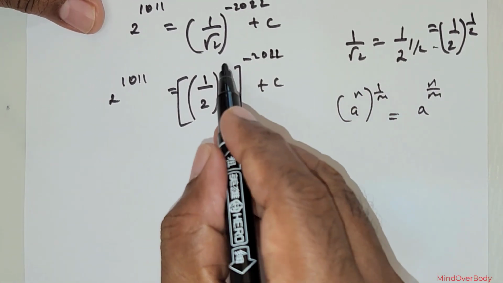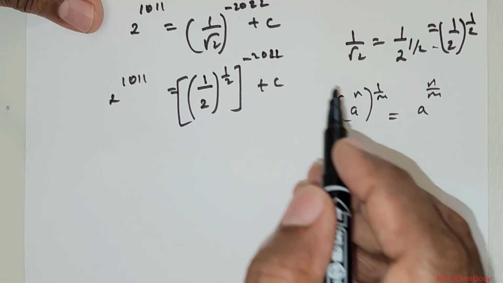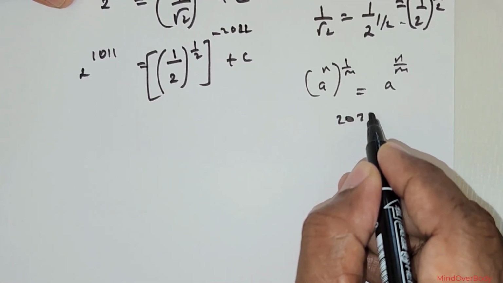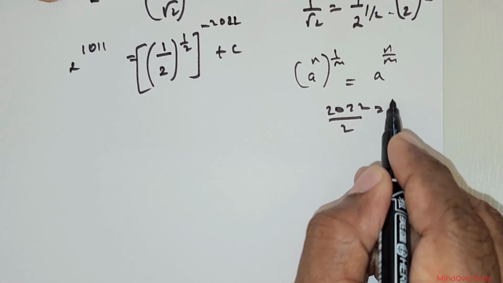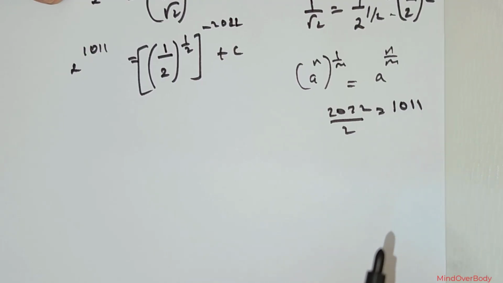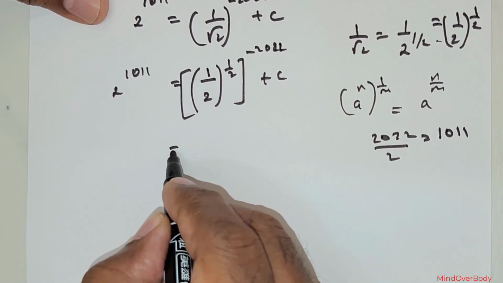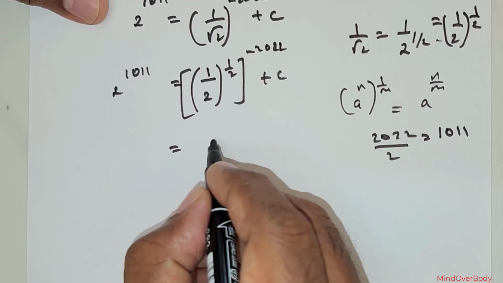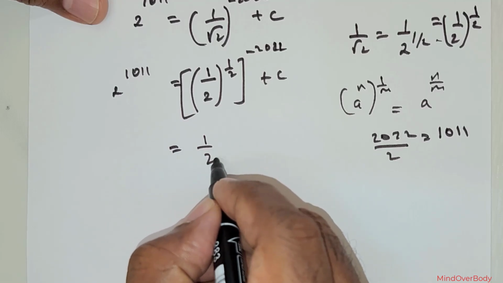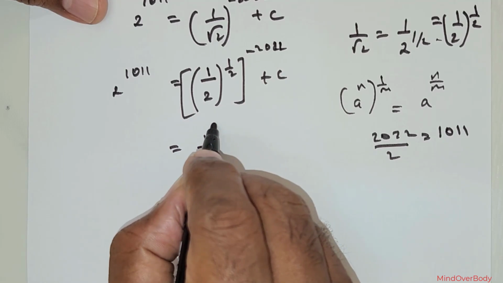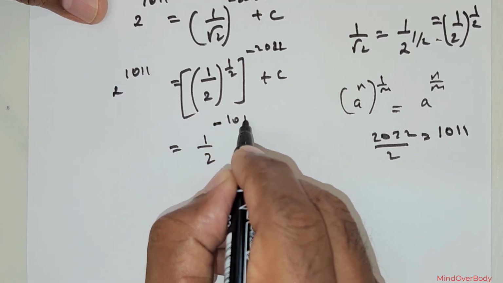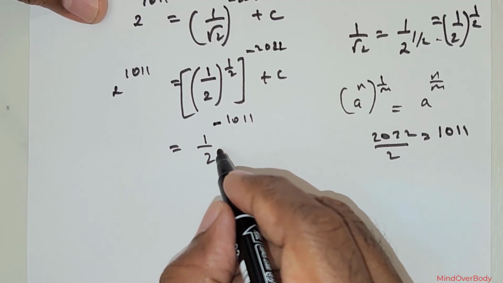So that means this 1 over 2 divides this 2022. So what happens when 2022 is divided by 2? You get 1011, right? So place that value. This is equal to 1 over 2 raised to the power of negative 1011. This is what you get.